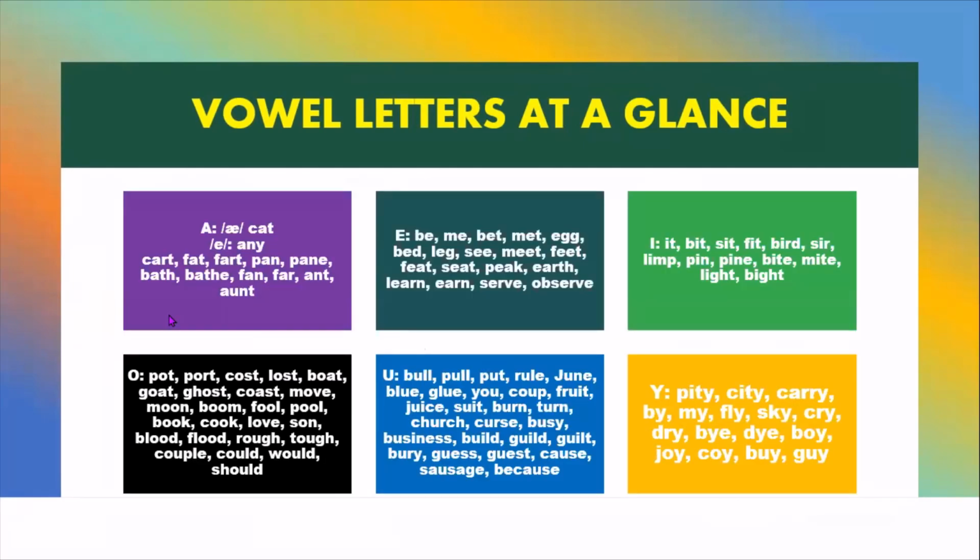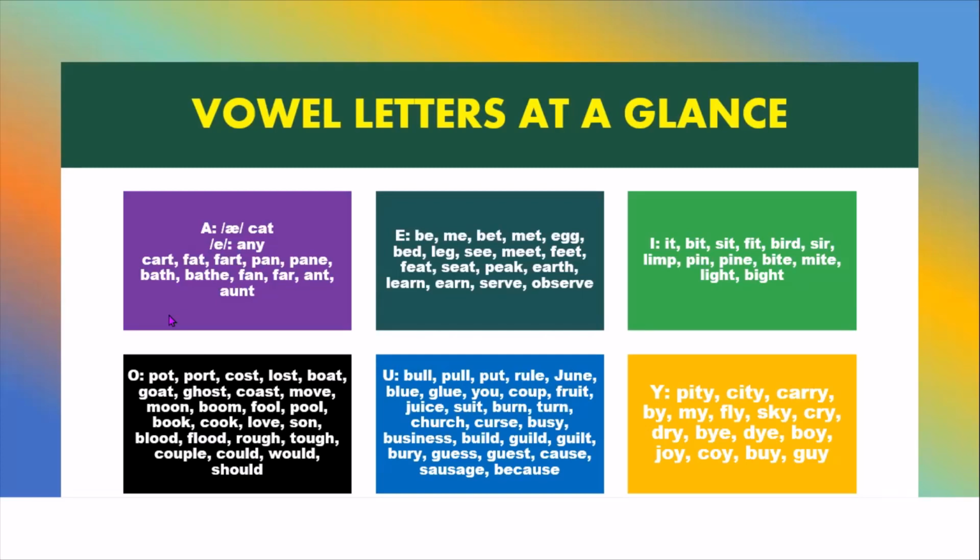Now, these are the vowel letters at a glance. We have A, E, I, O, U, and in some cases, Y is added, but in today's lesson, our focus will be on the main vowel letters, which are 5 in number: A, E, I, O, and U.